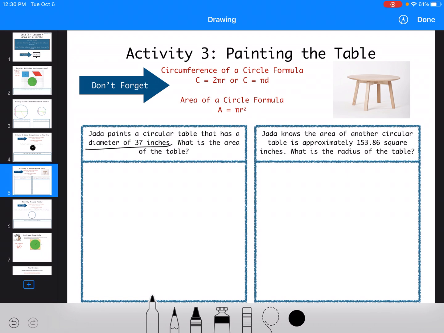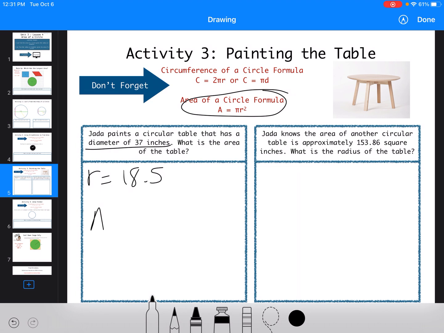What is the area of the table? So I'm going to use my area formula, but instead of using 37, I'm going to have to use a radius of 37 divided by 2, which is 18.5.